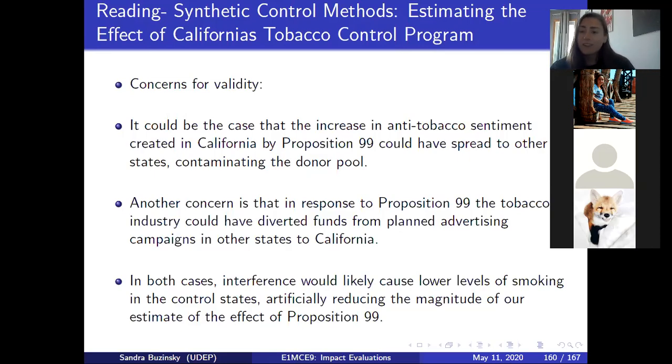And it definitely is concerning. It seems reasonable that some people would drive to another state if they live close to the border, but I don't know how much of the population would actually do that. So yeah, that would definitely bias the estimates.